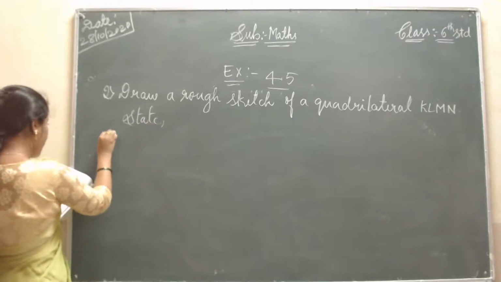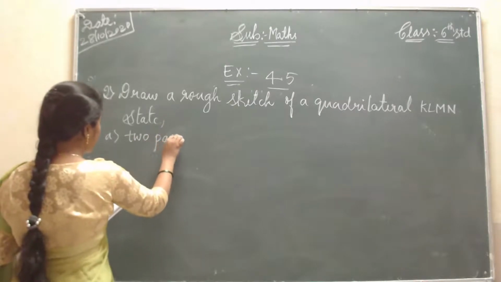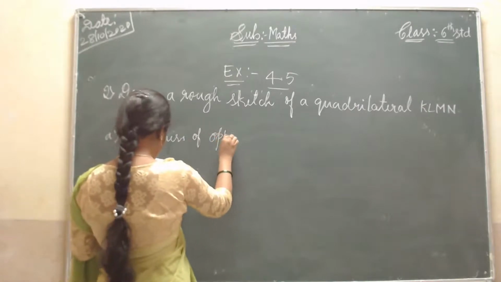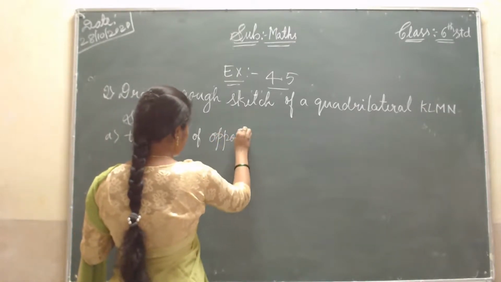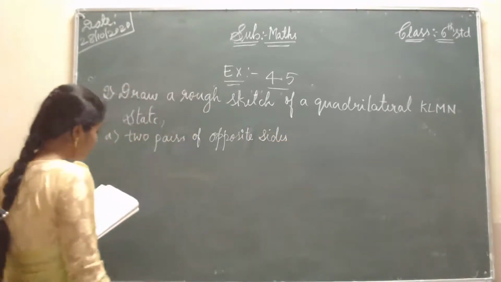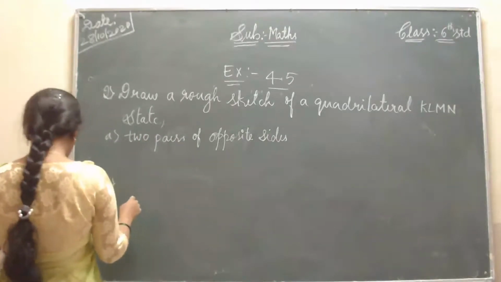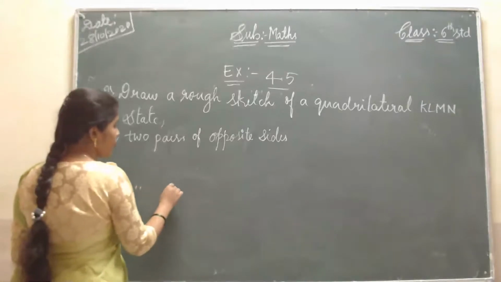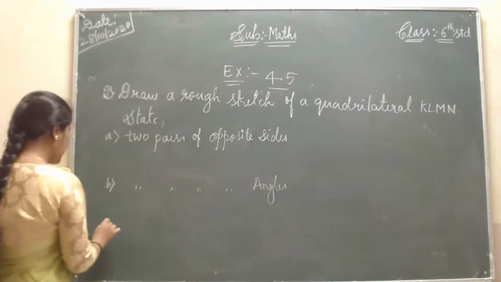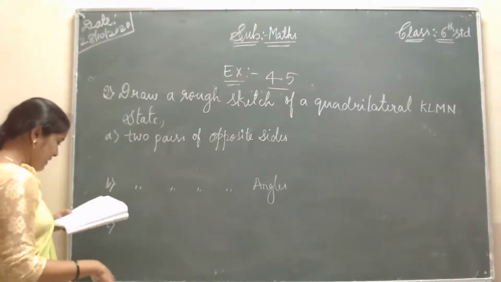State A, two pairs of opposite sides. B, two pairs of opposite angles. C, two pairs of adjacent sides. D, two pairs of adjacent angles.